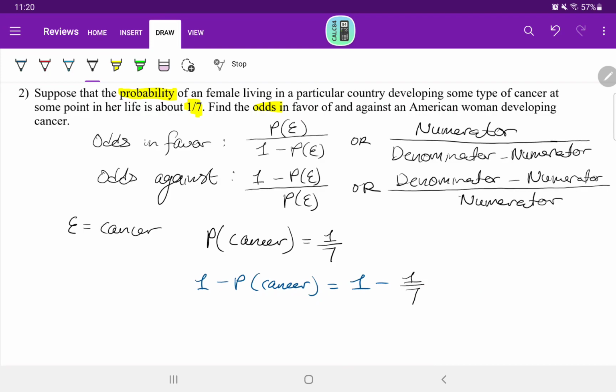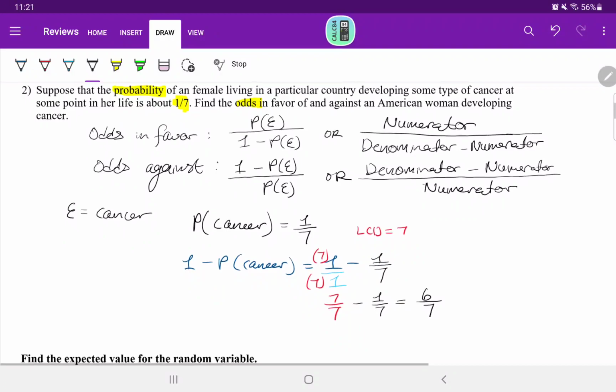When you're subtracting fractions, you must have the same denominator. The LCD is going to be 7. So we can multiply the numerator and denominator by 7 for the first fraction. So that's 7/7 minus 1/7, and that equals 6/7. Okay.